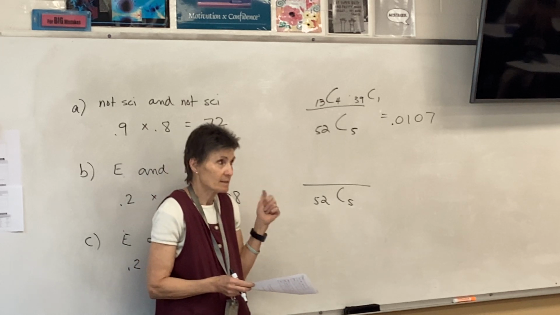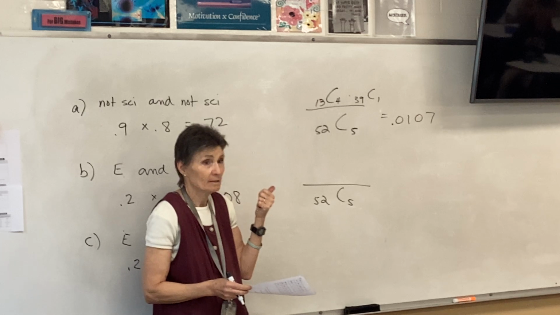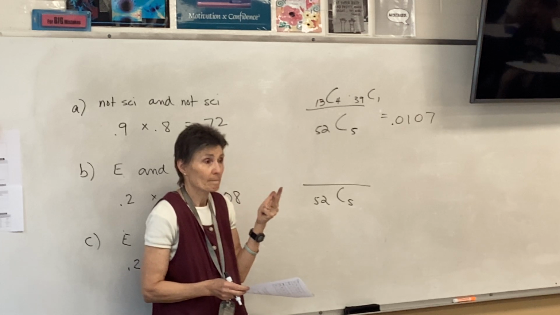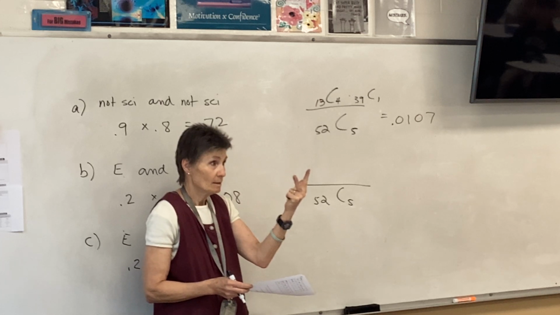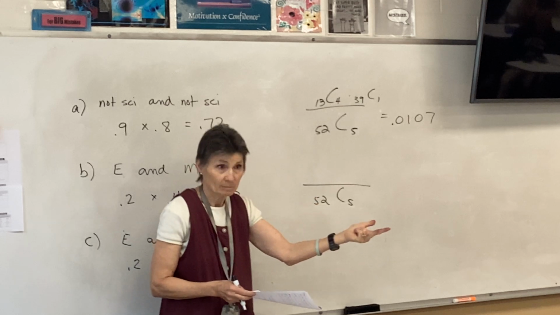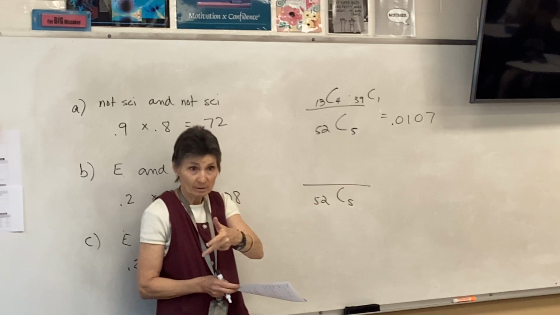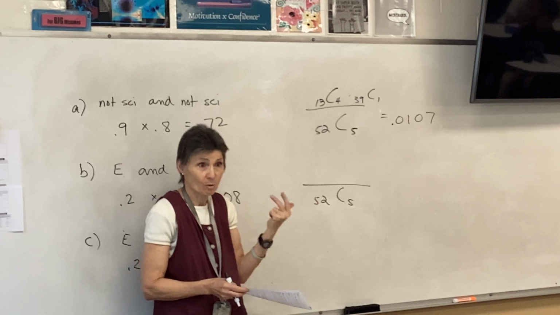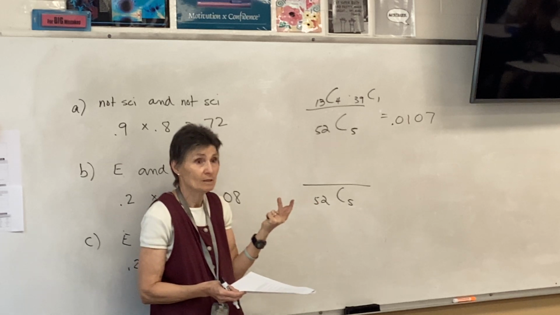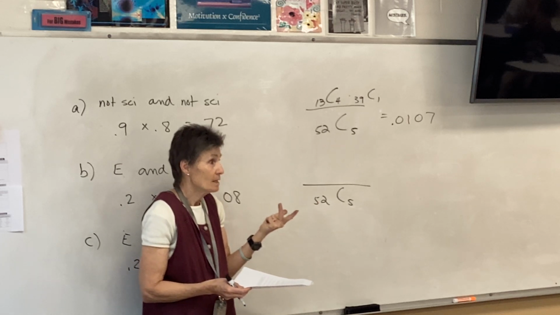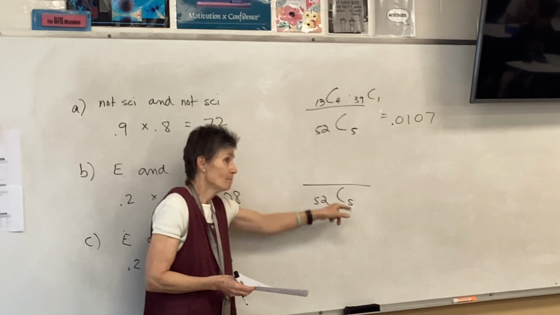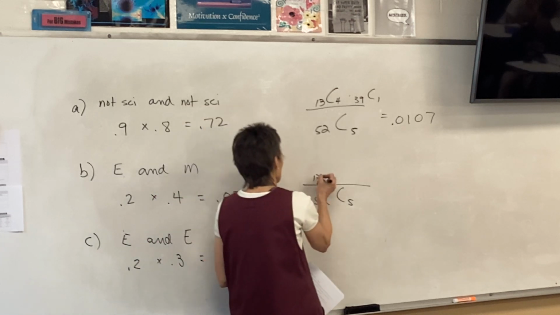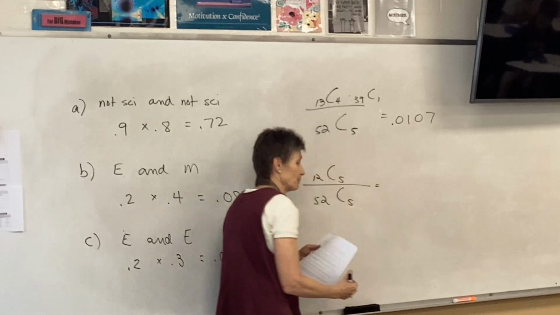Jack, Queen, and King. So there's 3 face cards that are diamonds, 3 that are hearts, spades, and clubs. Altogether, how many face cards are there? 12. And you want how many of them? 5. So your numerator is 12C5. That's a part of 52.